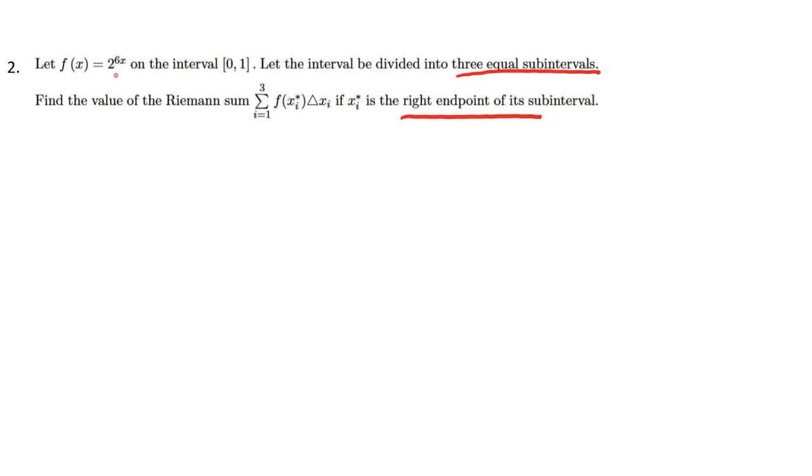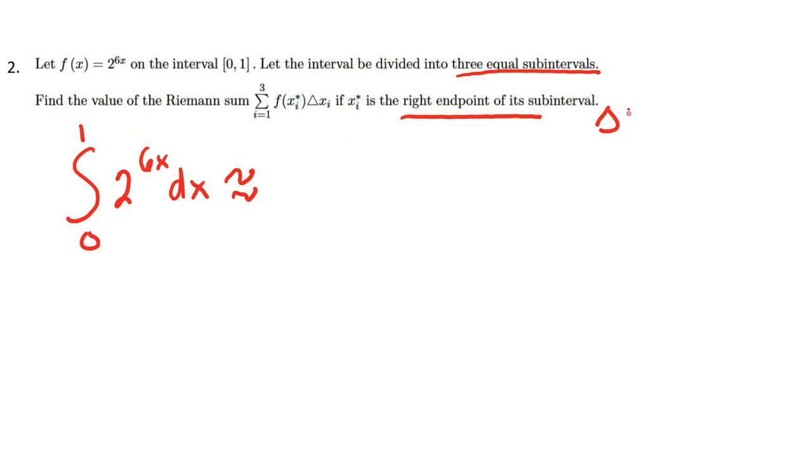So we are approximating the area from 0 to 1 of 2 to the 6x dx. And now we're doing a finite Riemann sum, so we're going to just do 3 equal rectangles.